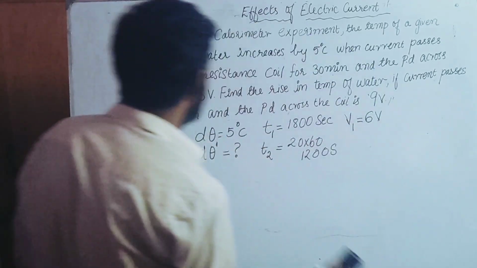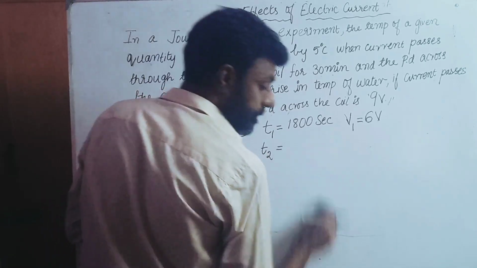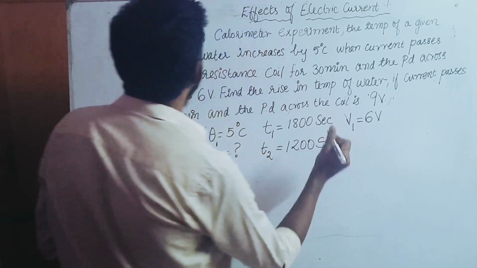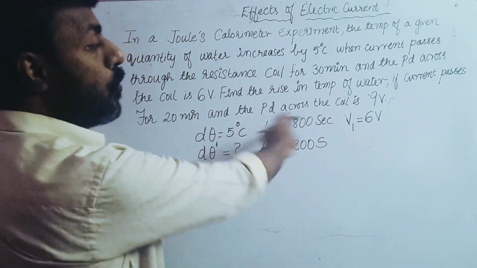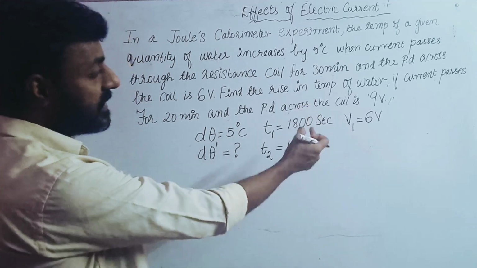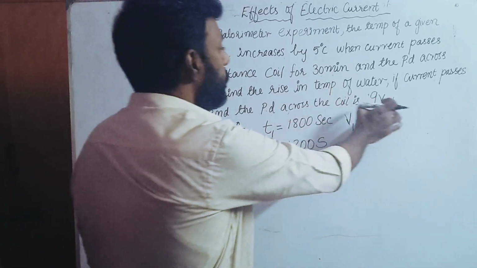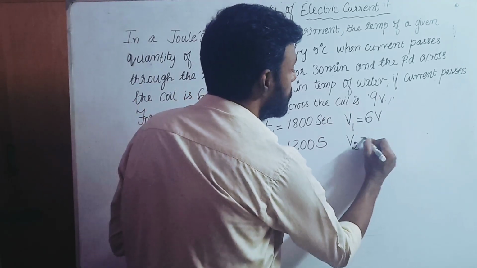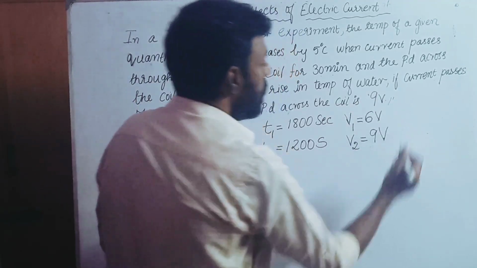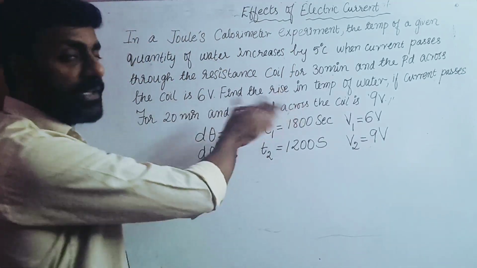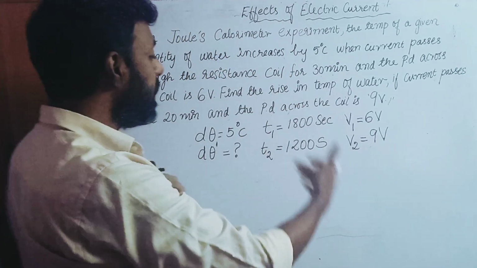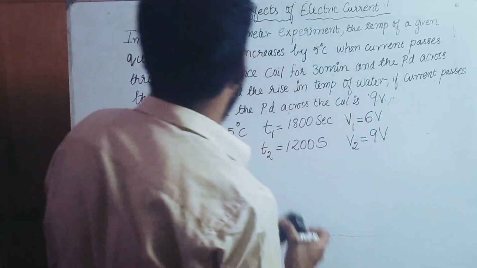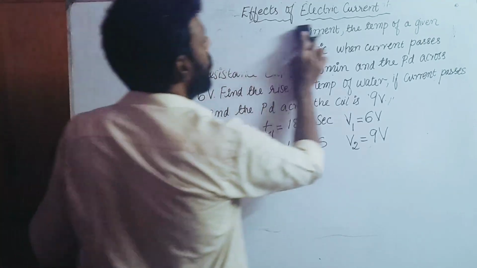So the value is 1200 seconds. What is the voltage developed in the second set of the experiment? It is V2, which is 9 volts. So we have extracted the data from the question, and we need to proceed with the procedure of the problem. Okay, so I'm deleting the question over here.